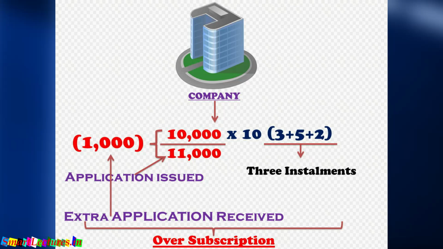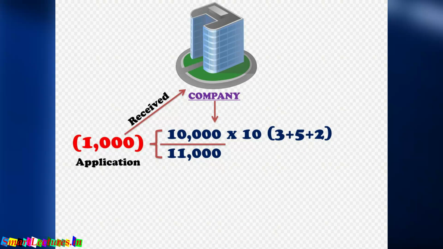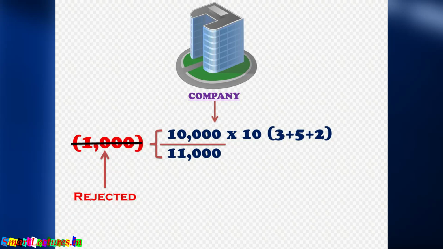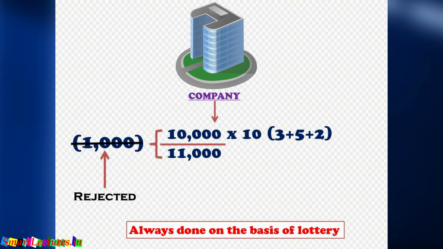If the company receives applications for extra shares, it doesn't mean that the whole of the applications will be accepted. In fact, 1,000 shares will be rejected, and it is always done on the basis of lottery.